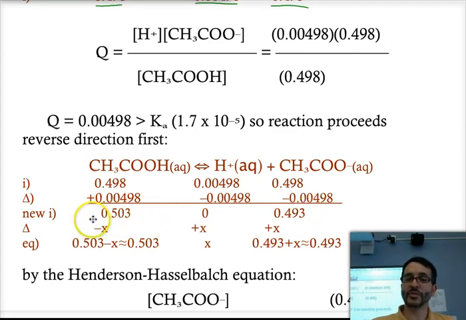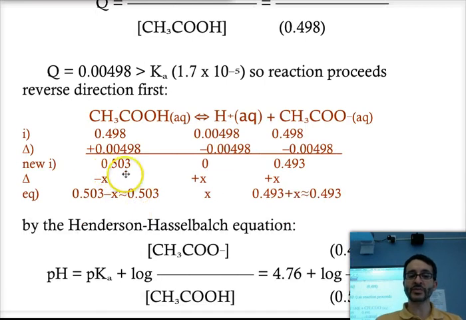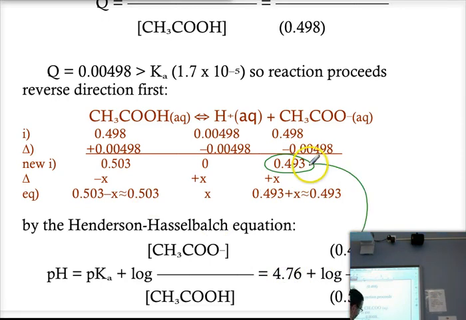And now we can do the problem like we normally do for a typical equilibrium problem. With these new concentrations, I don't even need to do that. I just go directly to Henderson-Hasselbalch. I put my value of pKa down here. Then I take the new concentration of the conjugate base and put it on the top part.